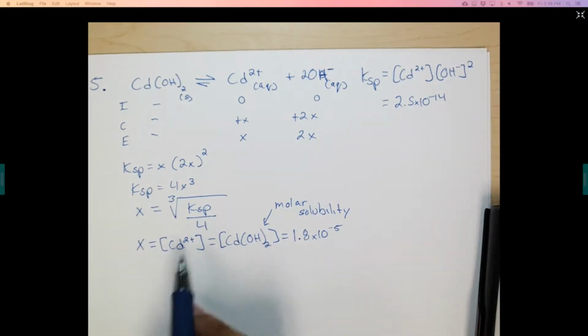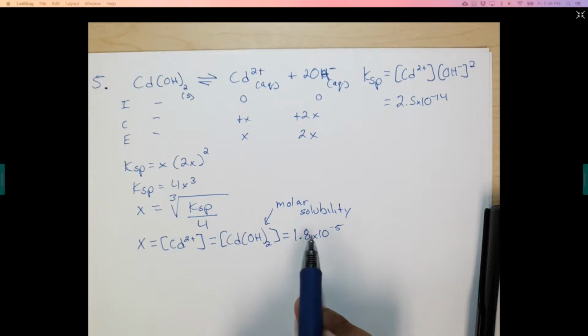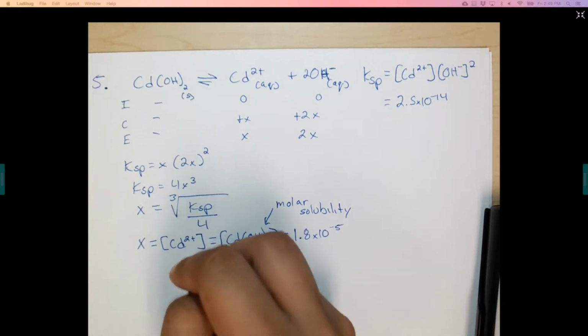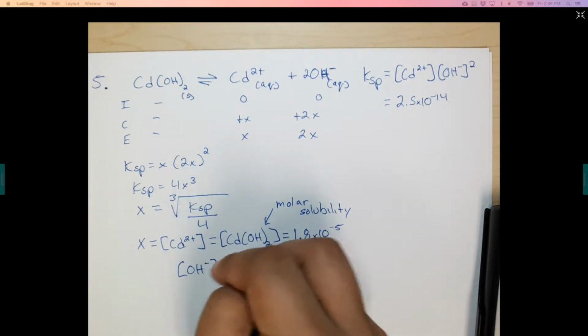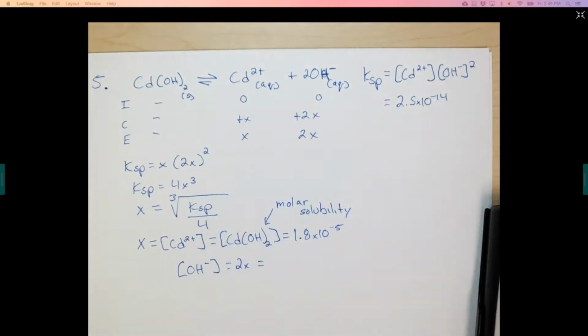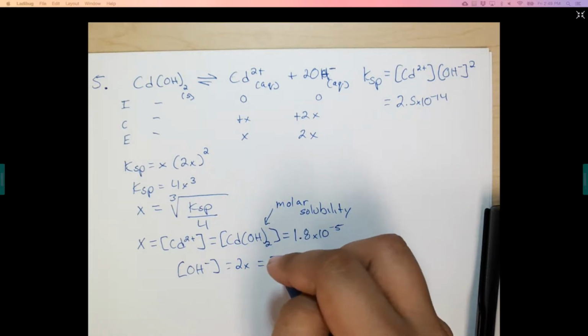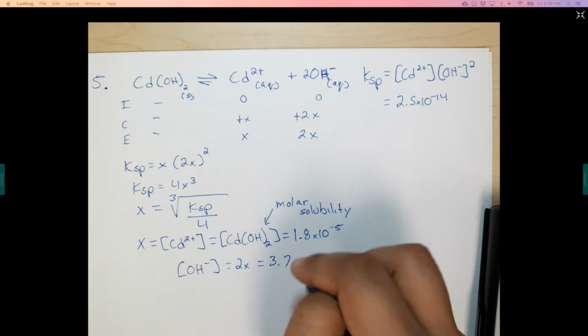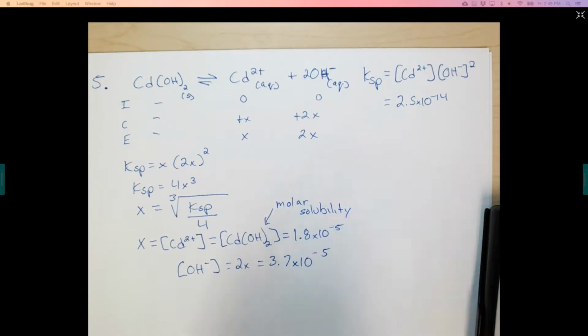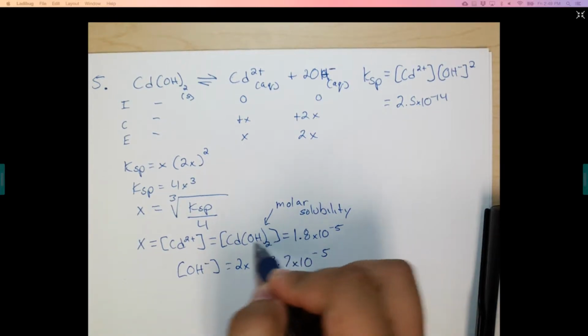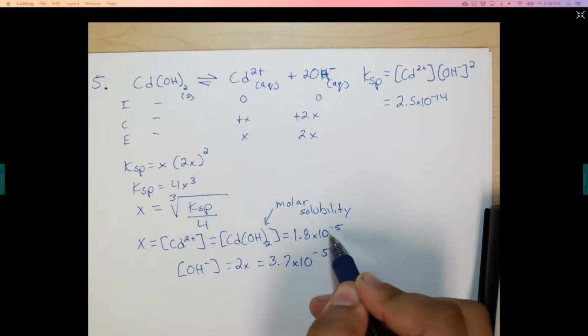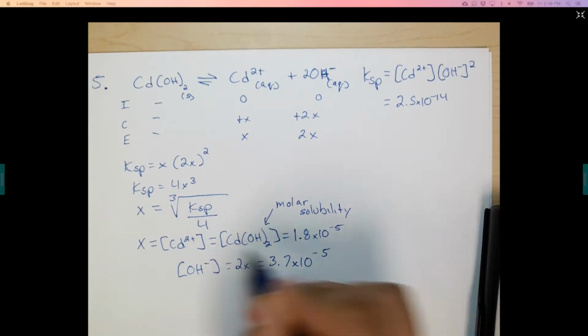The concentration of cadmium is this, and obviously the concentration of hydroxide is equal to 2x, which is equal to this value times 2, which is approximately 3.7 times 10 to the negative 5. So the molar solubility of the entire compound is here, hydroxide here, cadmium here.